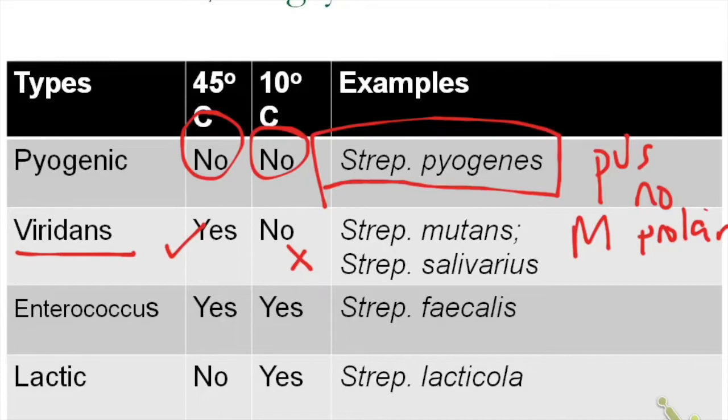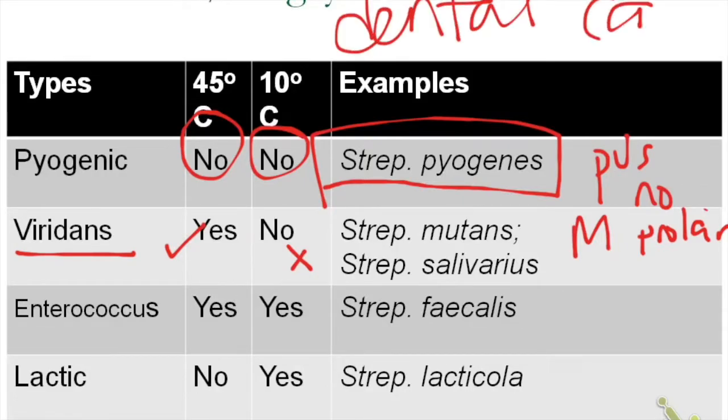Anyhow, the Viridans group includes Streptococcus mutans and salivarius. So they are found in the oral cavity. Strep mutans can cause dental caries. The most commonly isolated bacteria for dental caries.